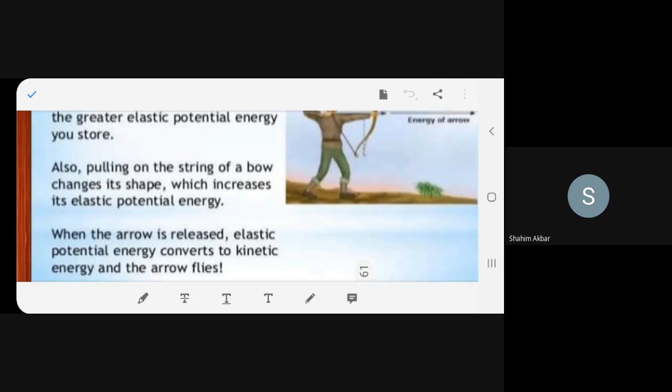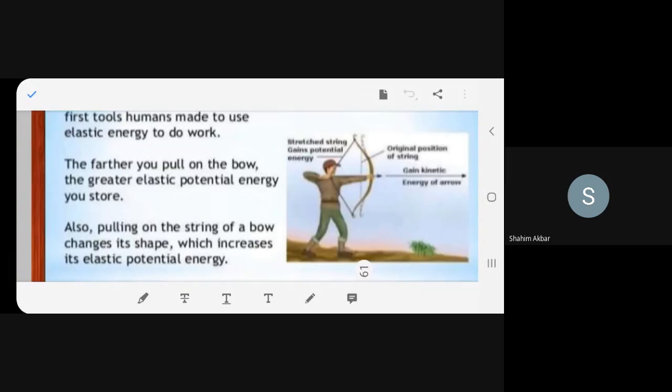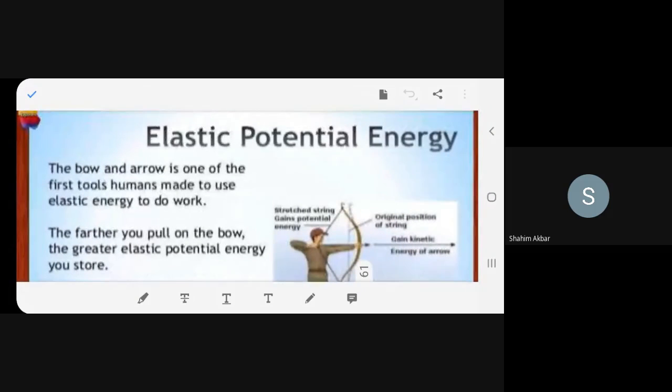When the arrow is released, elastic potential energy converts to kinetic energy and the arrow flies. This is a type of potential energy itself, but we are making it more specific as elastic potential energy. Why? We'll see now.